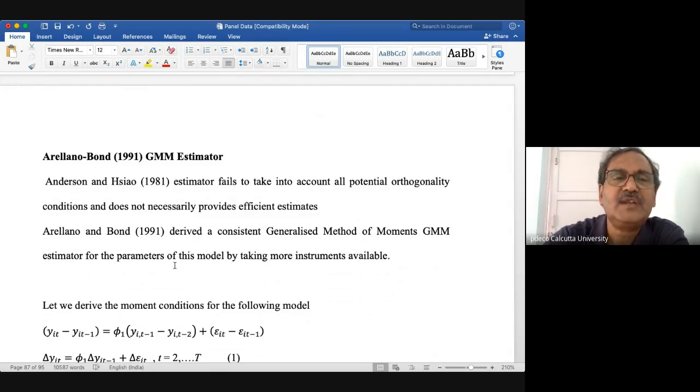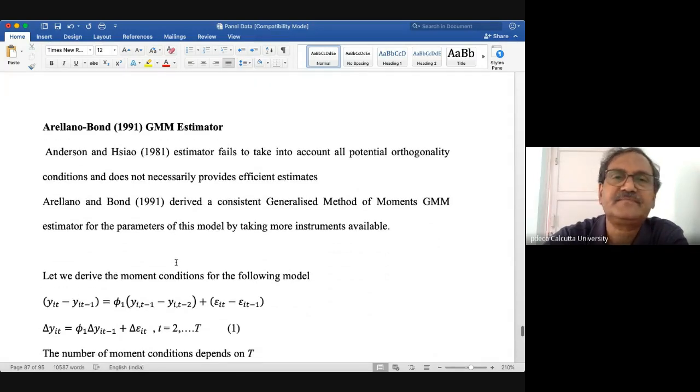Okay, so let me try to understand the methodology developed by Arellano and Bond to have a GMM estimation, and what would be the additional benefit in using GMM instead of a single moment condition as used in Anderson and Hsiao.